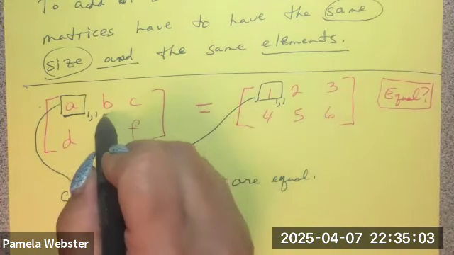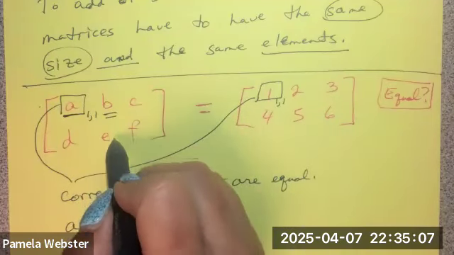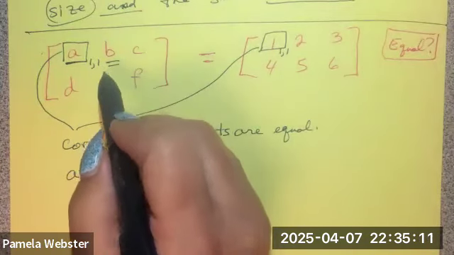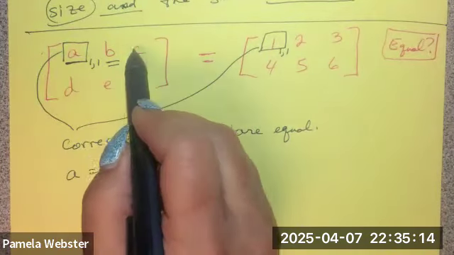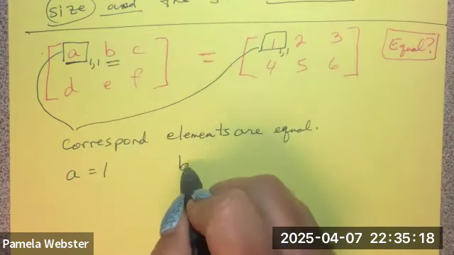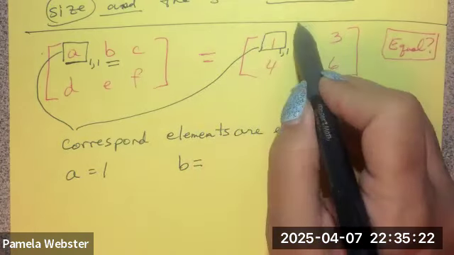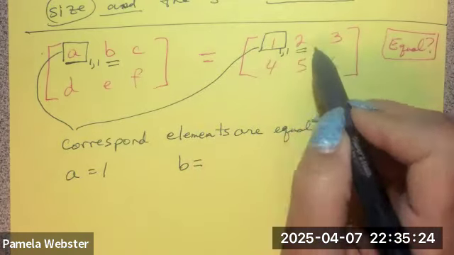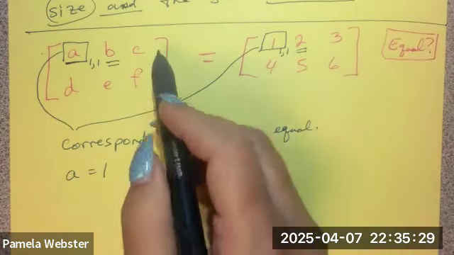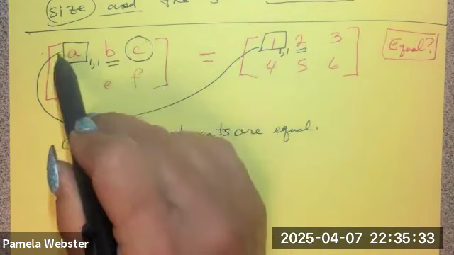What about this B? He's in what position? First row, second column. Normally I'll go all the way across the rows first and then work my way down, not always, but normally. So can I say B equals, what do you think? First row, second column. B equals 2, right? Absolutely. Then I'm going to circle this one, the C. What position's he in?